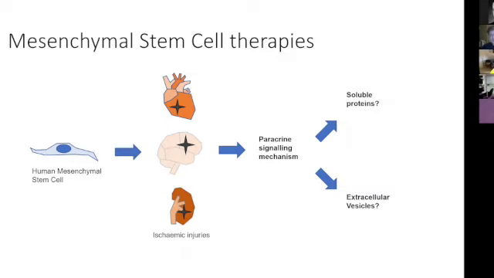And since then, from my reading of the field, there have been two almost parallel lines of research that are only really starting to come back together now. On the one hand, ever since the 2005 paper, there's been a lot of focus on looking at conventional soluble signaling factors. So in the case of cardiac ischemia, stuff like VEGF, FGF, IGF have been implicated.